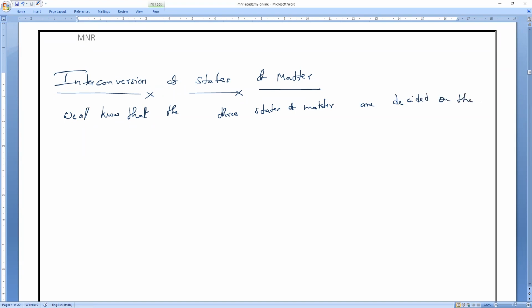Physical factors. Only two. What is that? Temperature and pressure. On the basis of temperature and pressure.